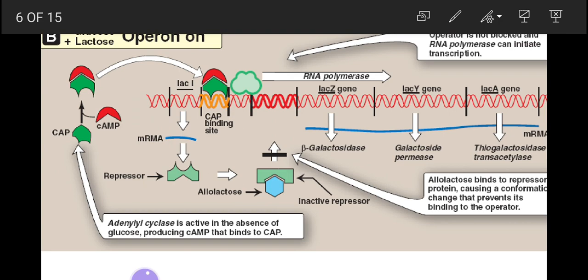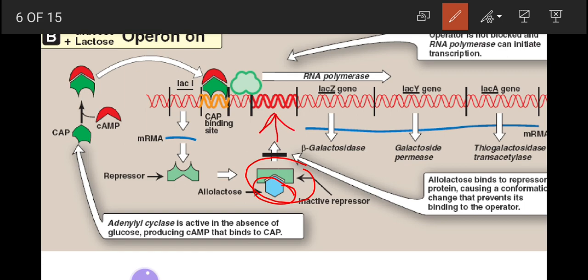Allolactose will bind to the repressor, and the repressor molecule will change its conformation, and this change in conformation will prevent its binding to the operator site.